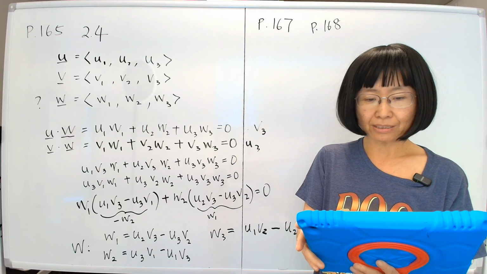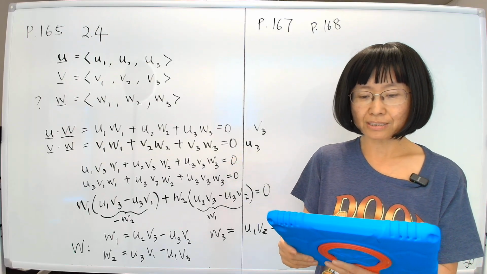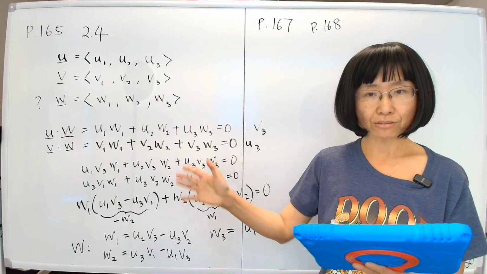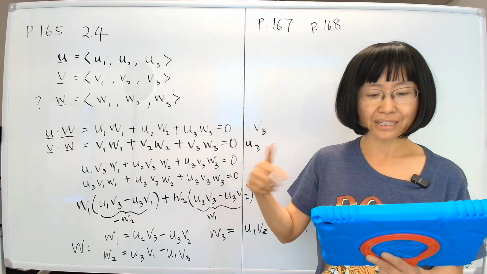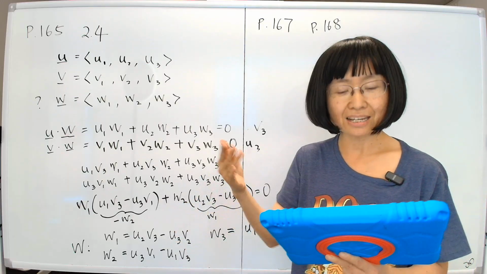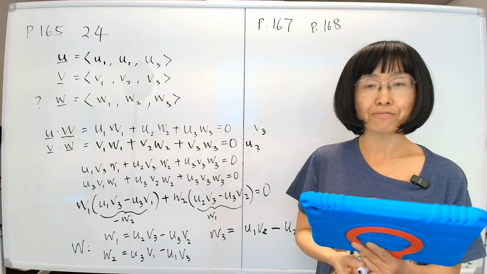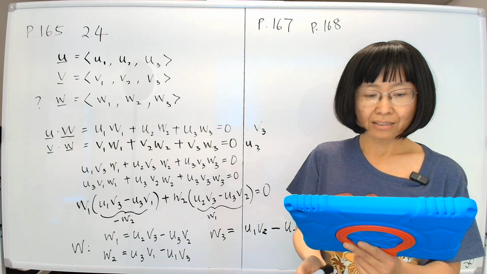Now let's look at the next page, which tells you a bunch of stuff, which is I cross J equals K, and you can do that with the right-hand thumb rule. J cross K equals I, K cross I equals J, etc. You can just check some of it, I guess.